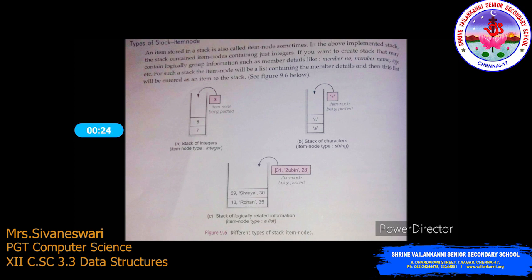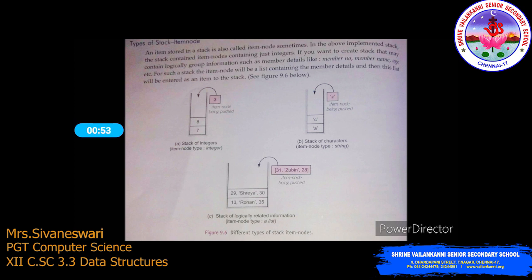Depending upon this, we have different types of item nodes: stack of integers, stack of characters, stack of logically related information. As the name implies, stack of integers means we'll have a collection of integers stored inside the stack, and if it is stack of characters, we have a string stored inside the stack.